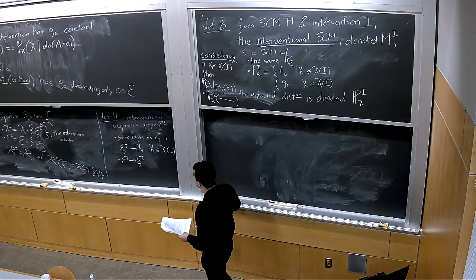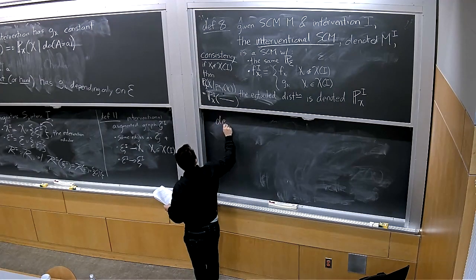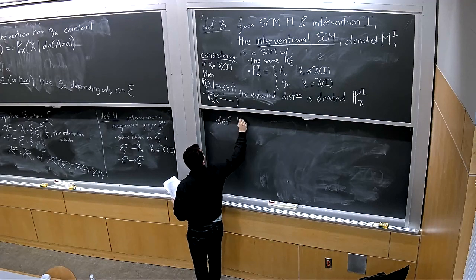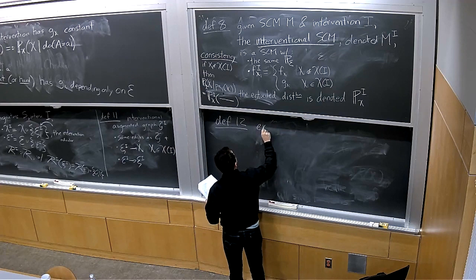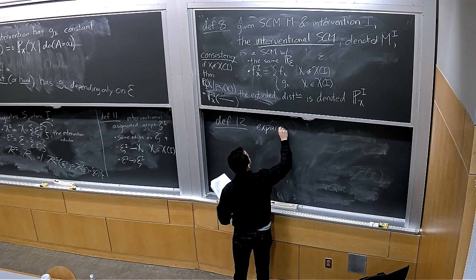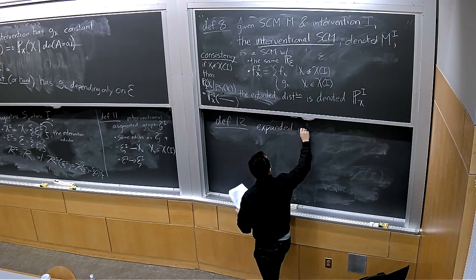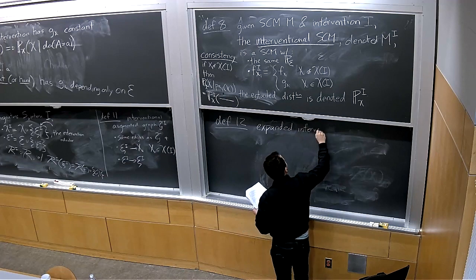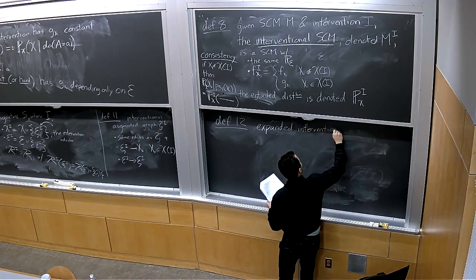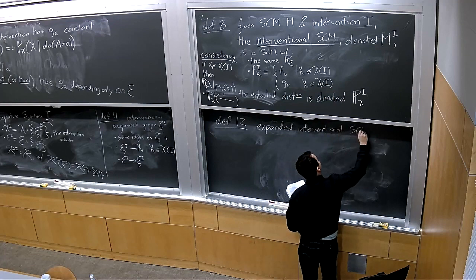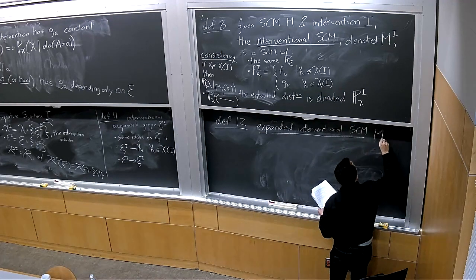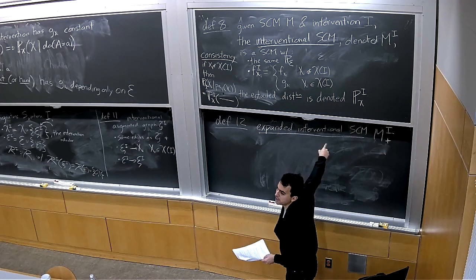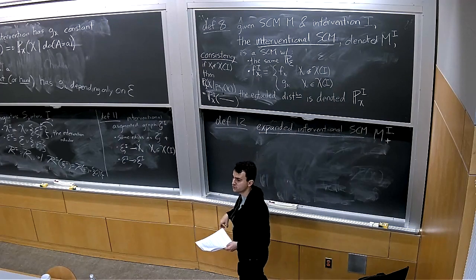Okay, so given those two things, we can now define, I'll just call it an expanded interventional SCM. We're going to denote it MI with a plus, because we already had an MI for the interventional structural causal model.